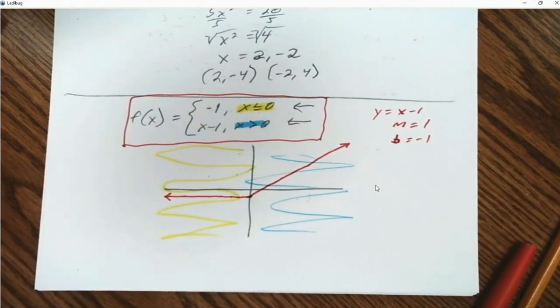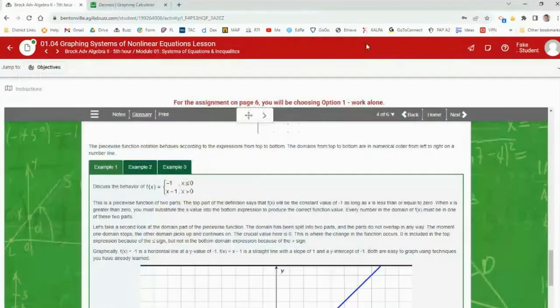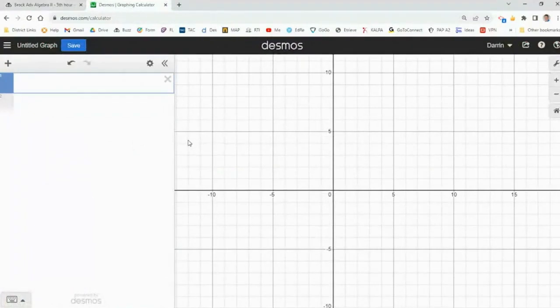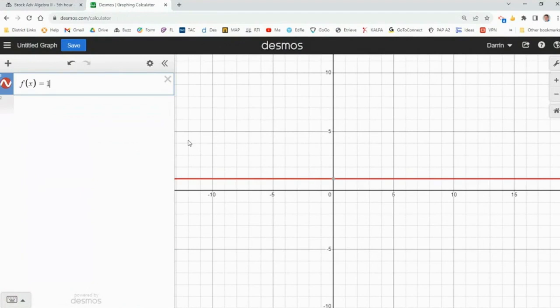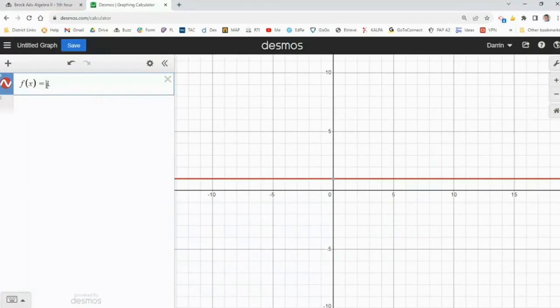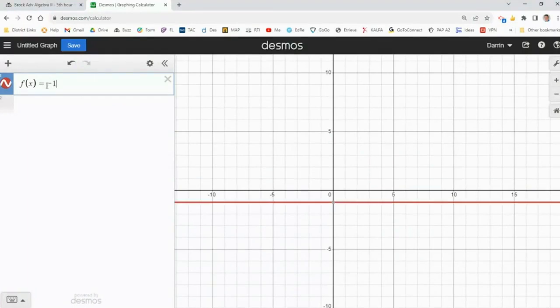Now, can we graph that on Desmos? Absolutely. Let me show you how to do that. Here we go. All right. So the way we graph that is we say, okay, f of x equals -1. That's the first piece. And the way we tell it is we say x is less than or equal to 0.